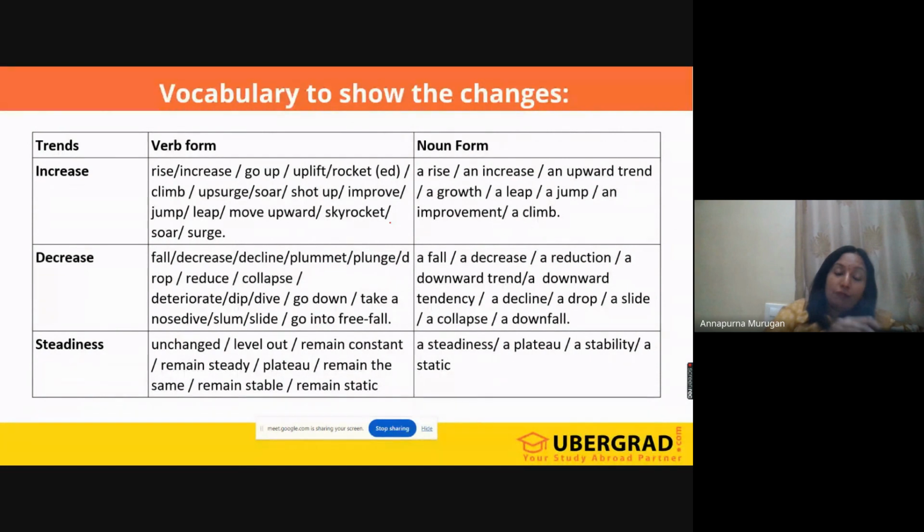In fact, no matter whether you answer 6 or 10 questions, you won't need to repeat, because we have given so many vocabulary options. It could be increase, decrease, steadiness. You will see that we have given lots of options and synonyms, and you need to work on them.